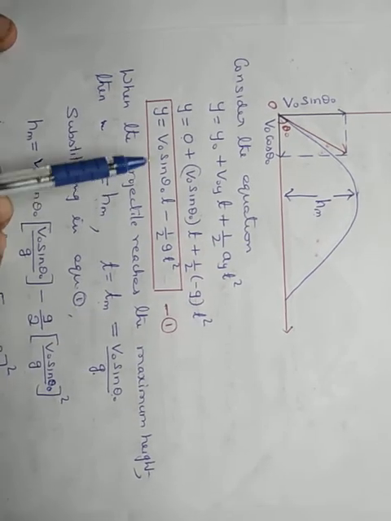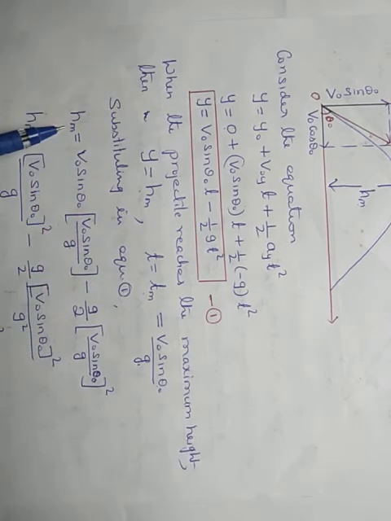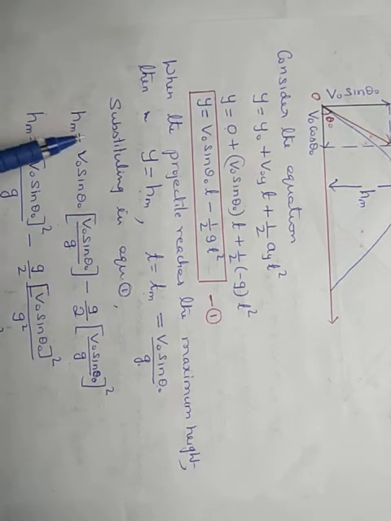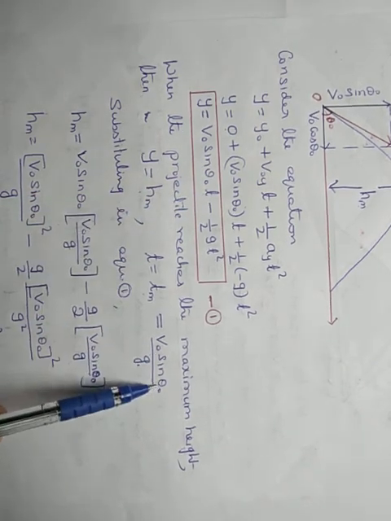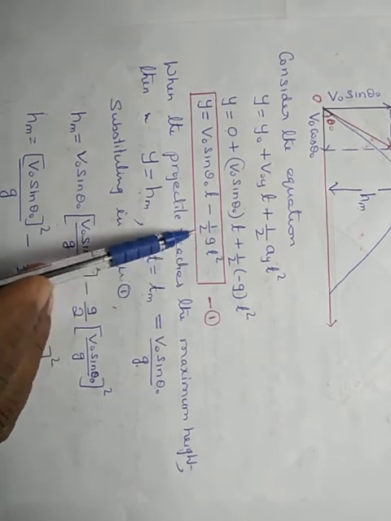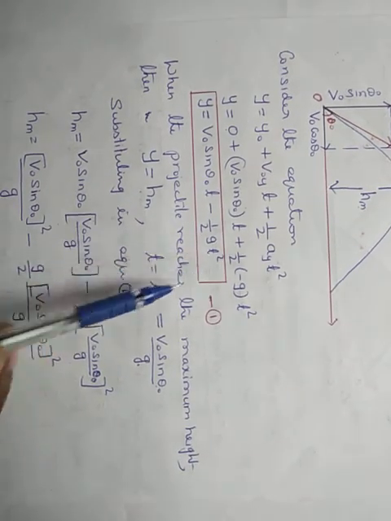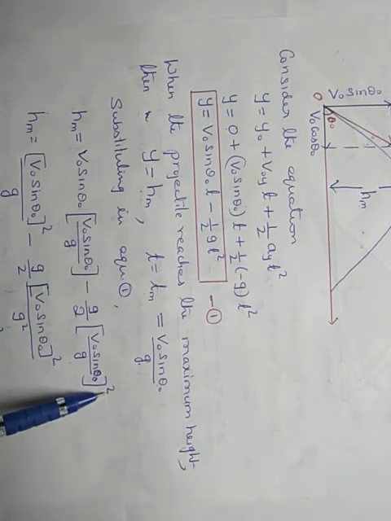So, this equation can be written as, instead of y we have written hm, v naught sin theta naught into, what is t here, v naught sin theta naught by g, minus g by 2 into, what is t, v naught sin theta naught by g, whole square.